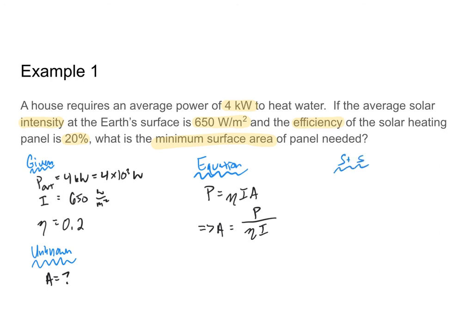So the area of solar panels needed is going to be given by my power, or 4,000 watts, divided by eta times my intensity of 650 watts. Thus, I need approximately 31 square meters of solar panel to heat the needed amount of water.